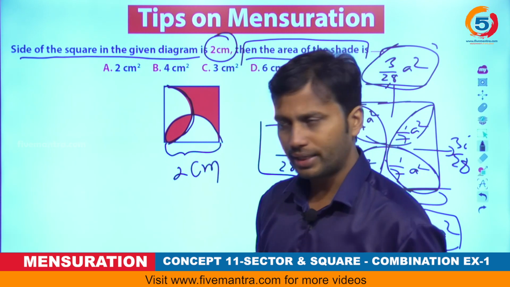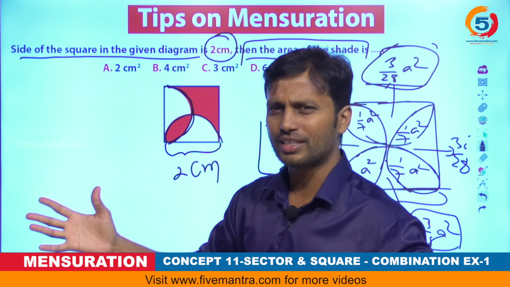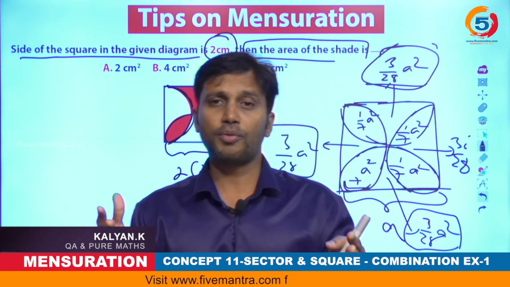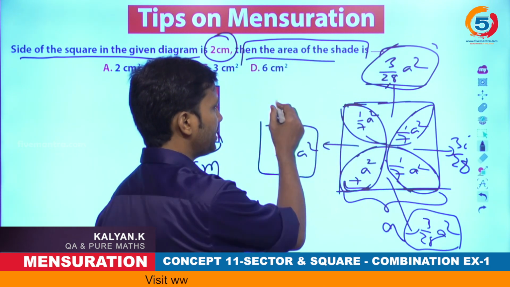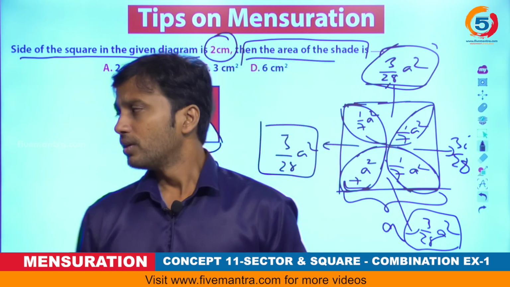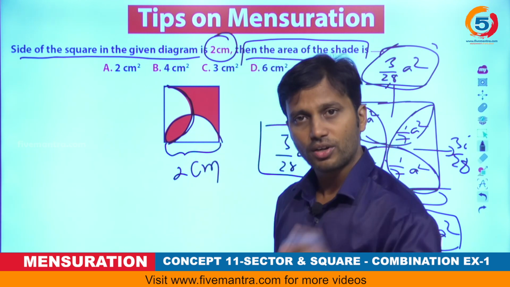Lot of students will first find this semicircle, then this semicircle, take the intersection of that, then add something else, they do a lot of process. You don't need to undergo all that process if you have this major analysis with you. Here this is one petal of the flower or not?